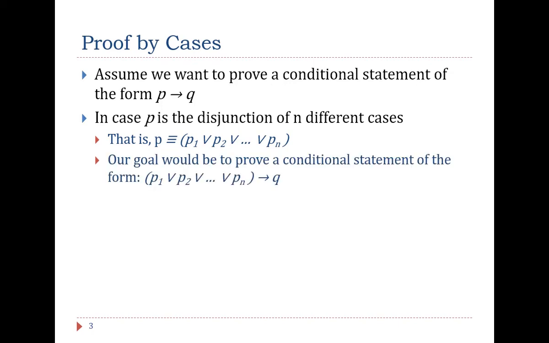And if you are interested in proving that this implies Q, then it means that you should prove that P1 implies Q and P2 implies Q, and so on and so forth, okay? We can show very easily in logic that the last two lines, the formulas on the last two lines, are 100% equivalent, okay? A or B implies C is equivalent to A implies C and B implies C, okay?